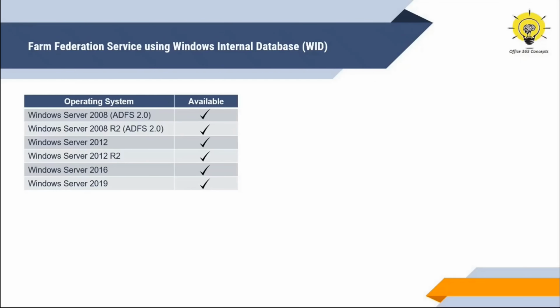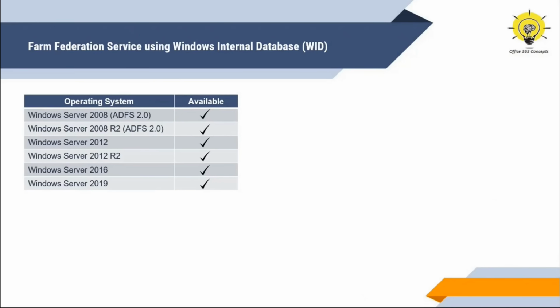Next type of deployment that we are going to talk about is Farm Federation Service using Windows Internal Database or WID. Farm is basically a boundary in which you have deployed multiple ADFS servers. This type of deployment is supported from Windows Server 2008 and it is still being supported.